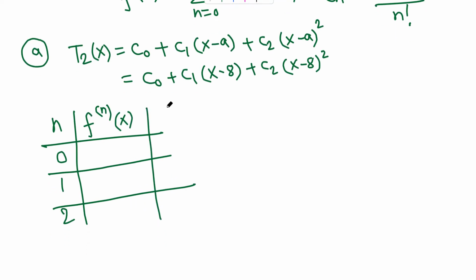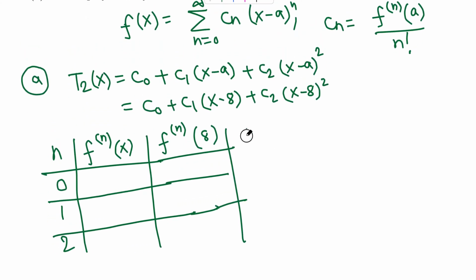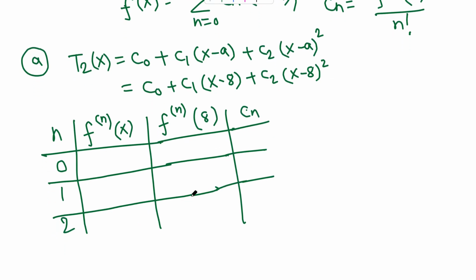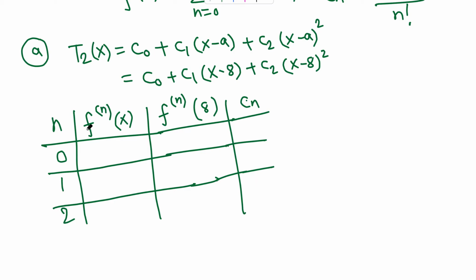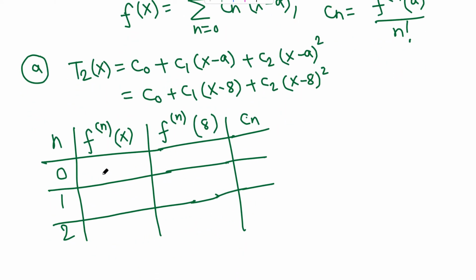Then we need to evaluate the nth derivative at the center, which is 8 in our case. After that, we find the Cn's, which are c naught, c1 and c2. So n equals 0 means the 0th derivative, which is the function itself, that is cube root of x.